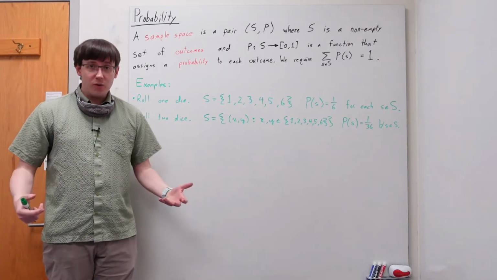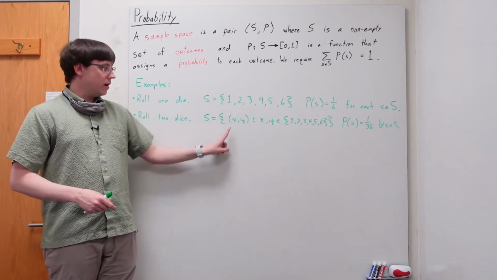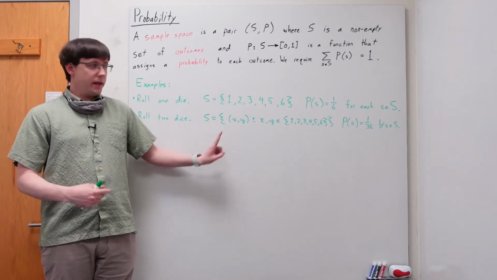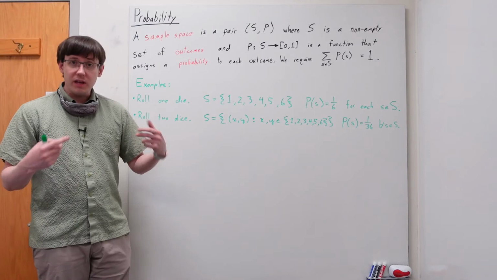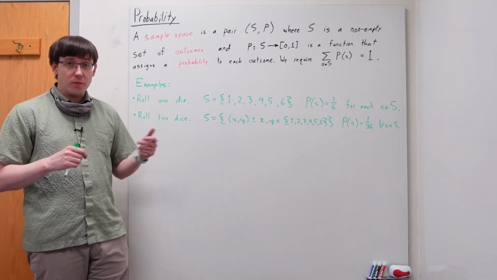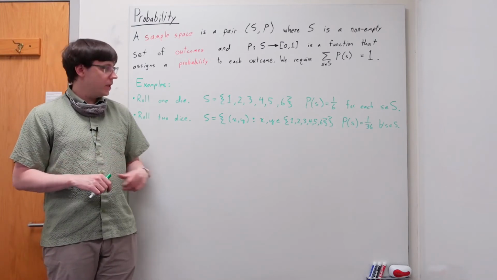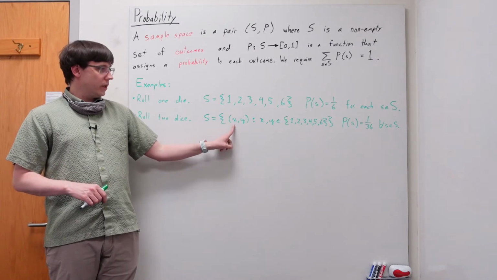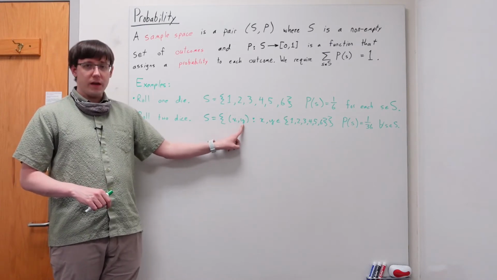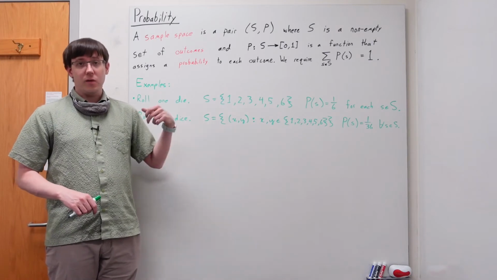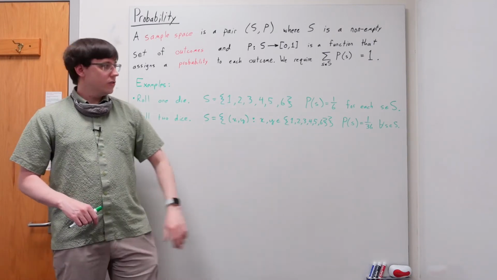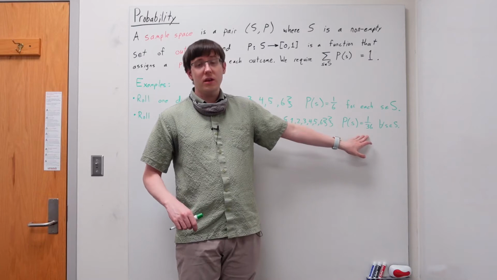We've defined our outcomes as pairs of the value on the first die and the value on the second die. And this makes it easy to specify what is the probability of each outcome. So the probability of rolling a 2 and then a 3 is just 1/6 for the first die and 1/6 for the second die, so 1/36 in total.